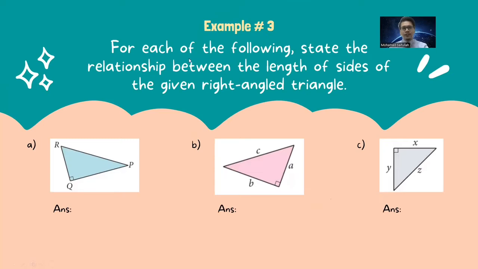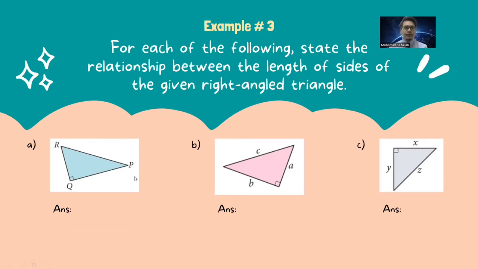For each of the following, state the relationship between the lengths of the sides of the given right angle triangle. As you can see here, we have three questions, A, B, and C. So class, let's do it together. For A, you know that the opposite side of Q is the hypotenuse, which is RP.